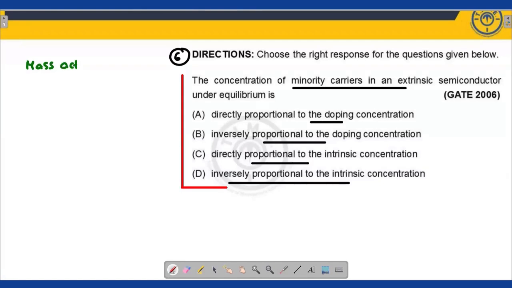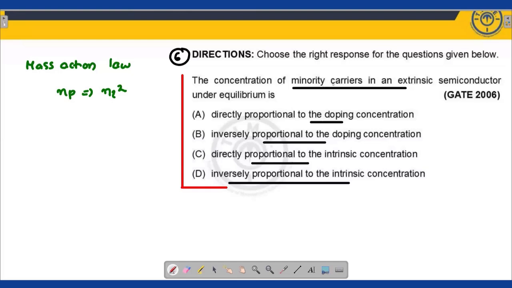Mass action law says N into P is equal to Ni square. What is Ni? Ni is the intrinsic concentration, which is pretty important, my dear friends.